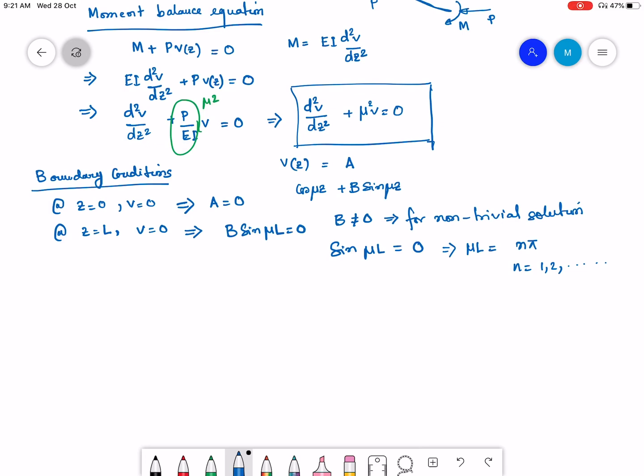Then mu square is n square pi square by L square, which gives P equal to n square pi square EI by L square. So that is going to be the solution for the value of P.